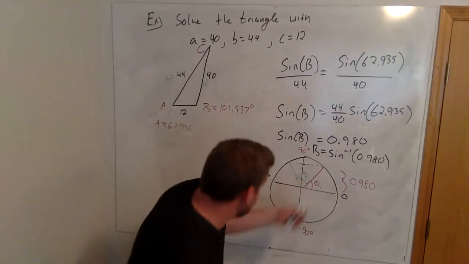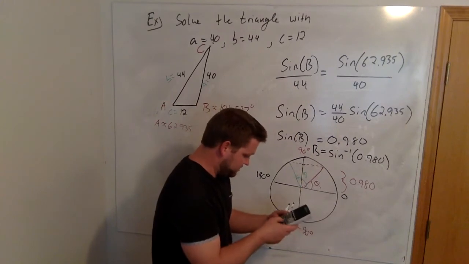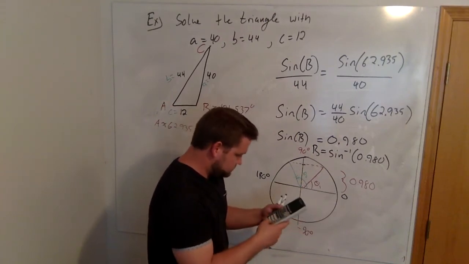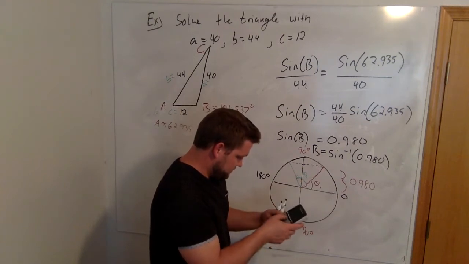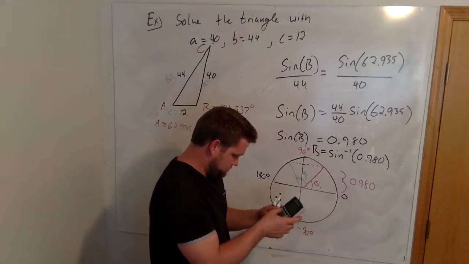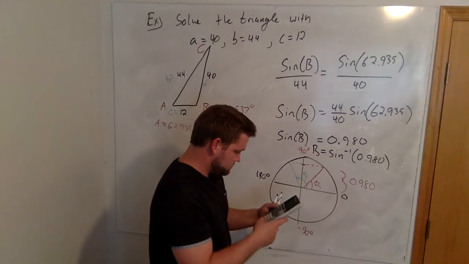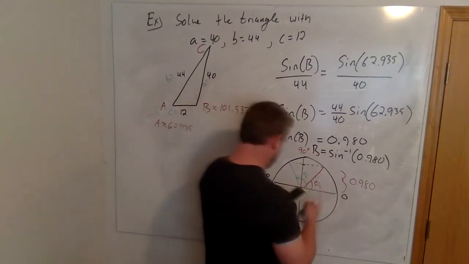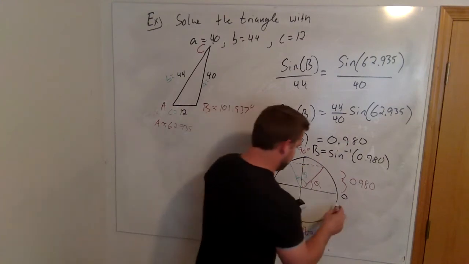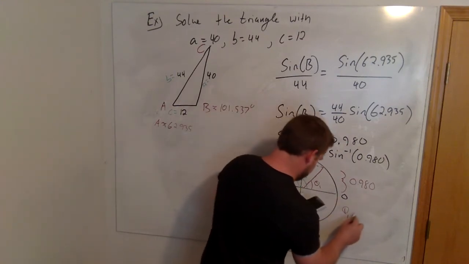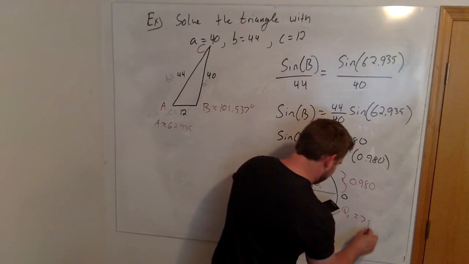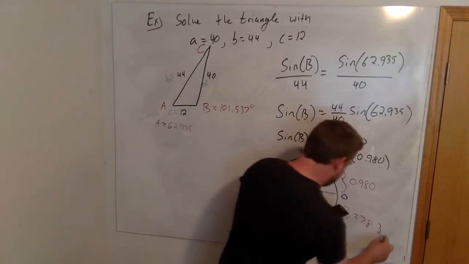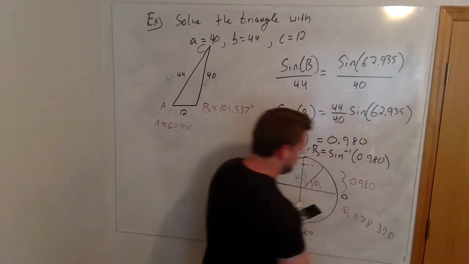Let's just do it. Sine inverse of 0.980. This is telling me that the purple angle, theta 1, is equal to 78.390 degrees, rounding to 3 decimal places.